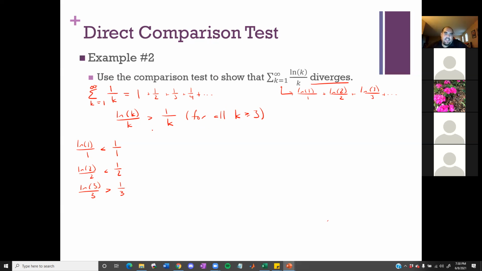This inequality holds for an infinite number of terms. So just to be really thorough, how do I know that this diverges?